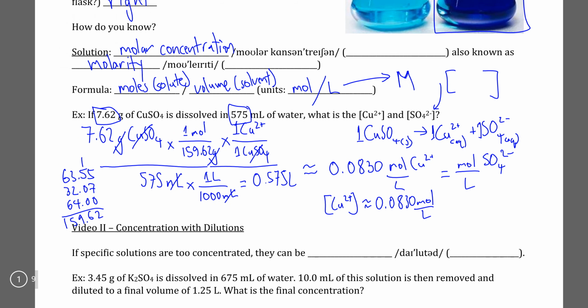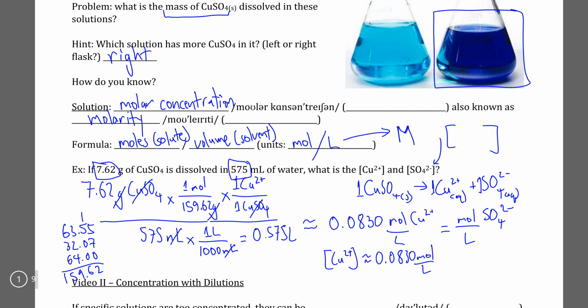In the next video, we're going to look at what happens when we not only dissolve a specific solute within a specific volume of solvent, but when we want to add water in order to change what this concentration is, which is what is known as a dilution.